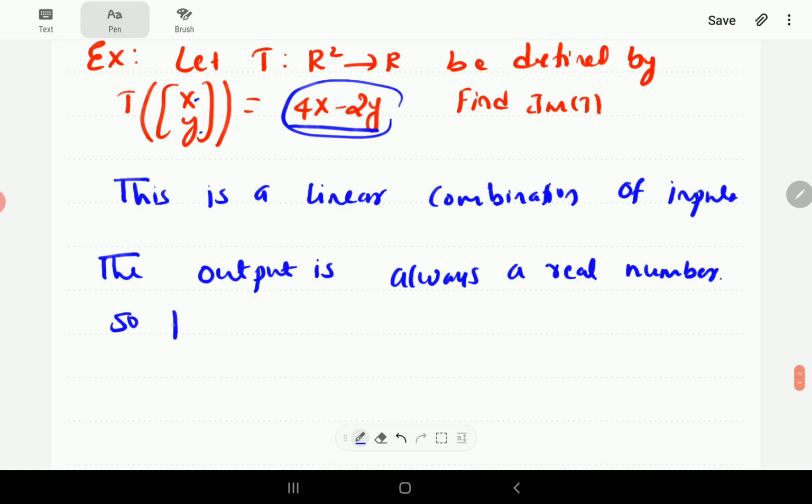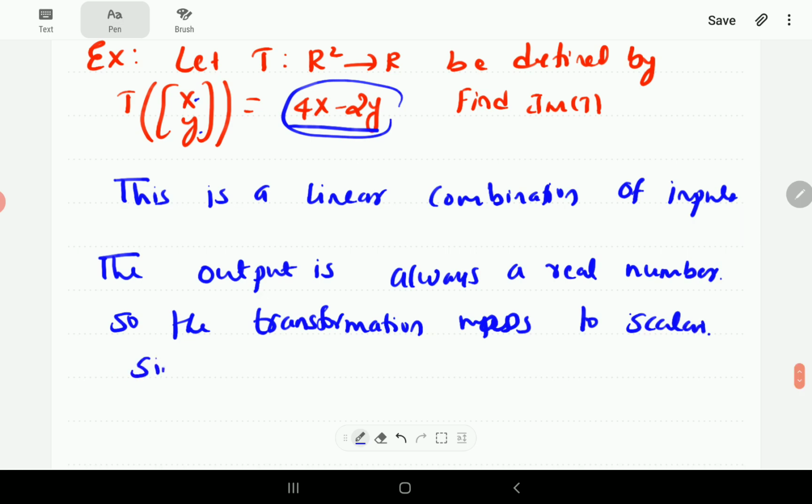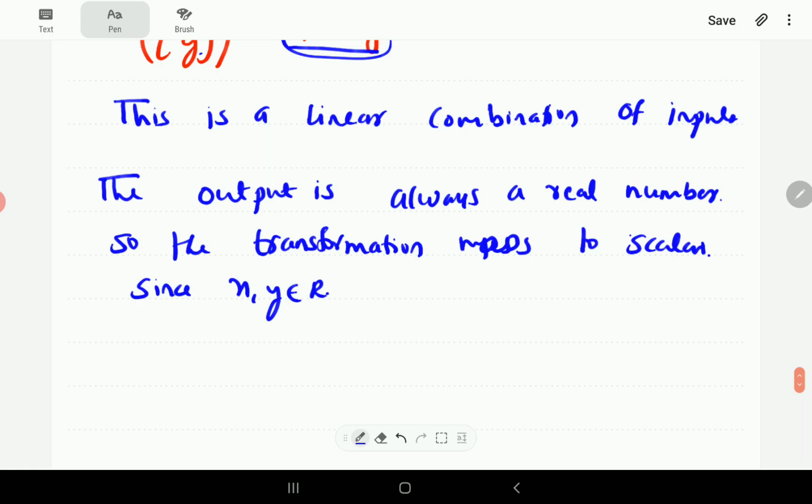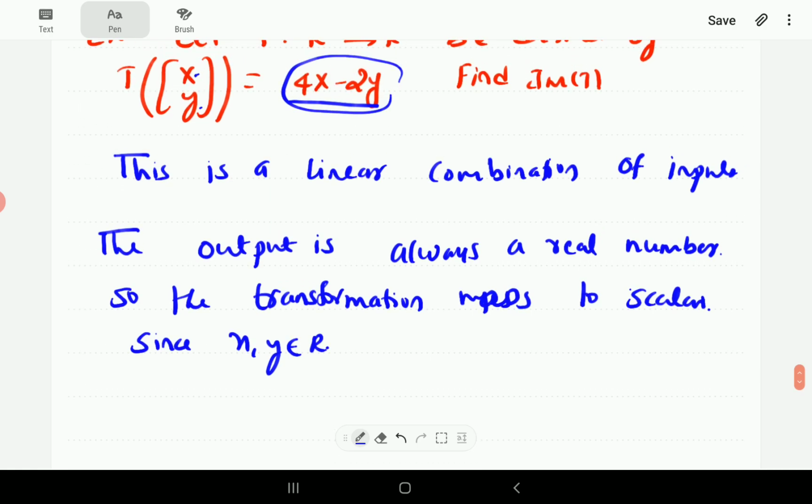So the transformation maps to a scalar. Since x and y are real numbers, any real number can be produced by choosing x and y.